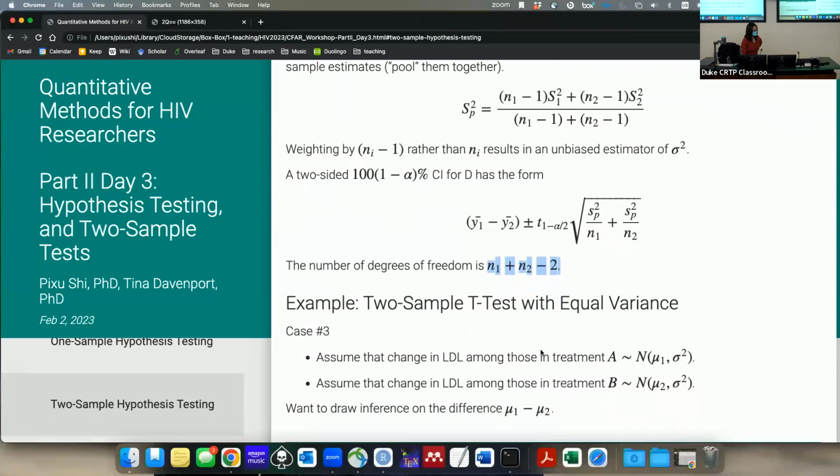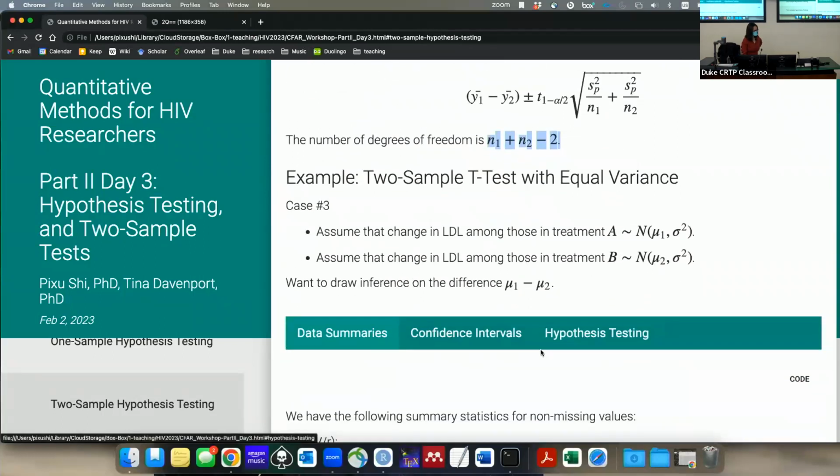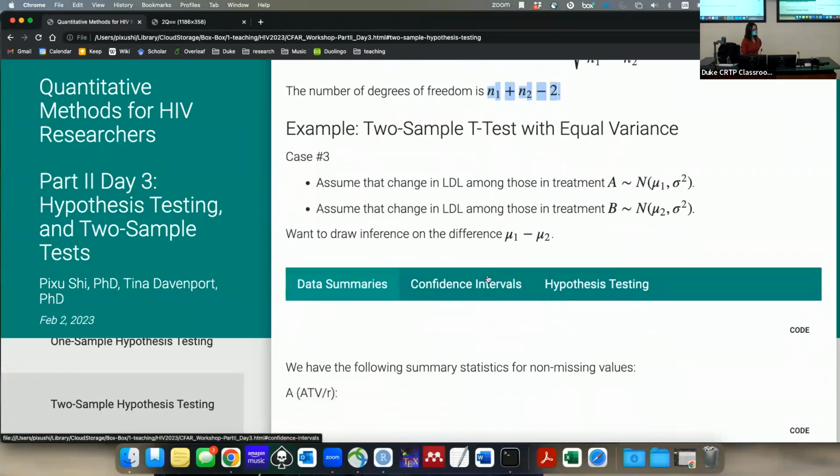So here I have two groups under two different treatments, and we're going to check if LDL change is different between the two groups. They can be two groups such as two genders or two age groups, or two groups under different drug treatments.